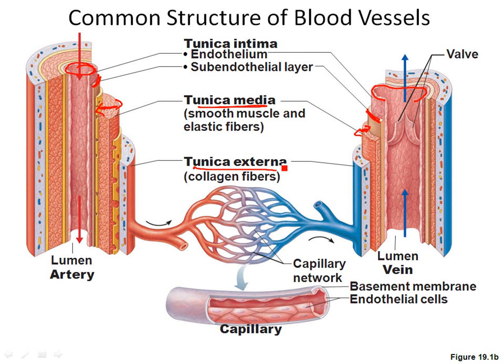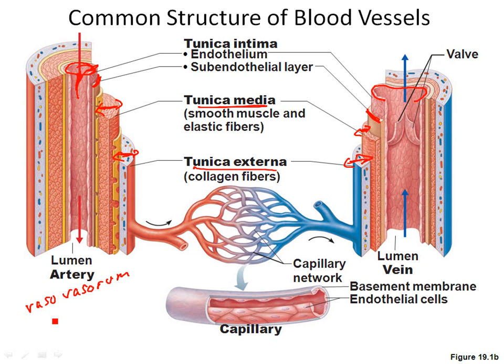And sometimes in this tunica externa, which is, you see that's that outer layer right here and right here, on a larger vessel, they're not going to be able to get the nutrients and supplies they need just from diffusion from the inside of the blood flowing through these vessels. So they're going to have their own blood supply. And we call that the vasa vasorum.